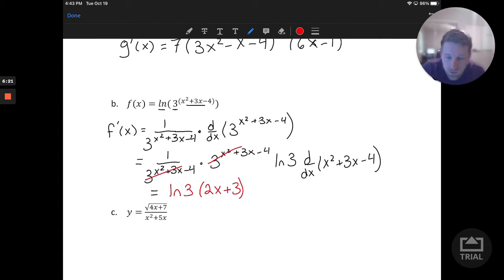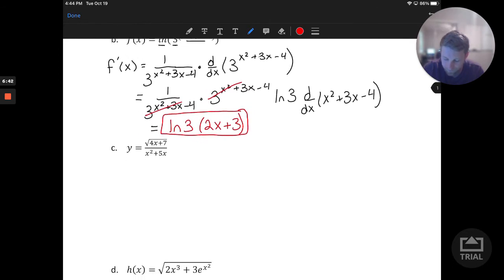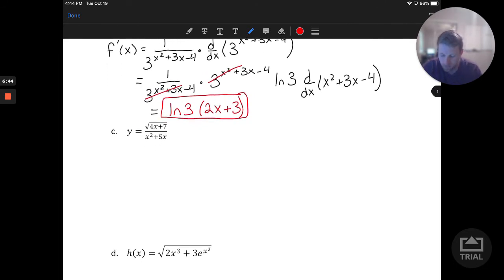So this actually is going to be our final result for that derivative. It's just going to be the natural log of 3 times 2x plus 3. So that would be 2 chain links in that derivative. The next one, we're going to consider a chain rule within a quotient rule here.